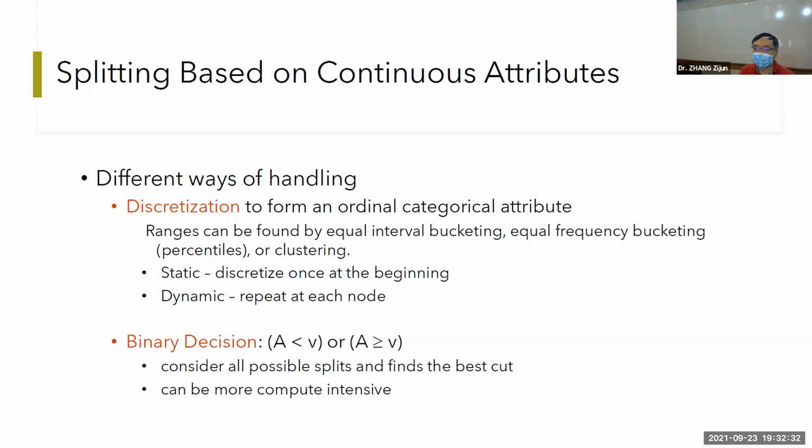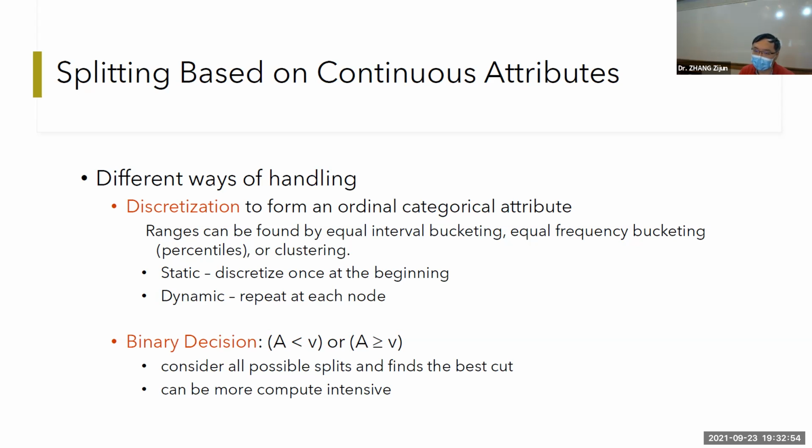So if we want to appropriately split based on the continuous attributes, here are some of the major strategies that can be adopted. The first one is called discretization.